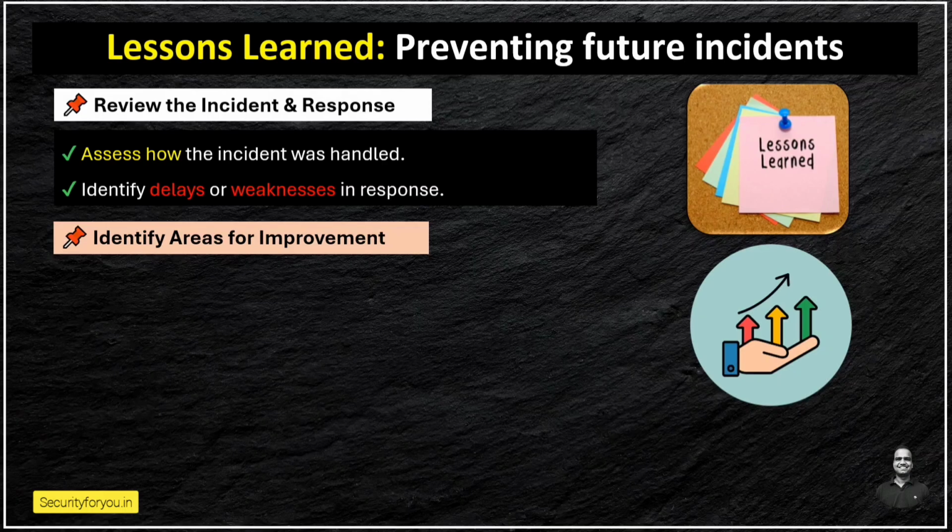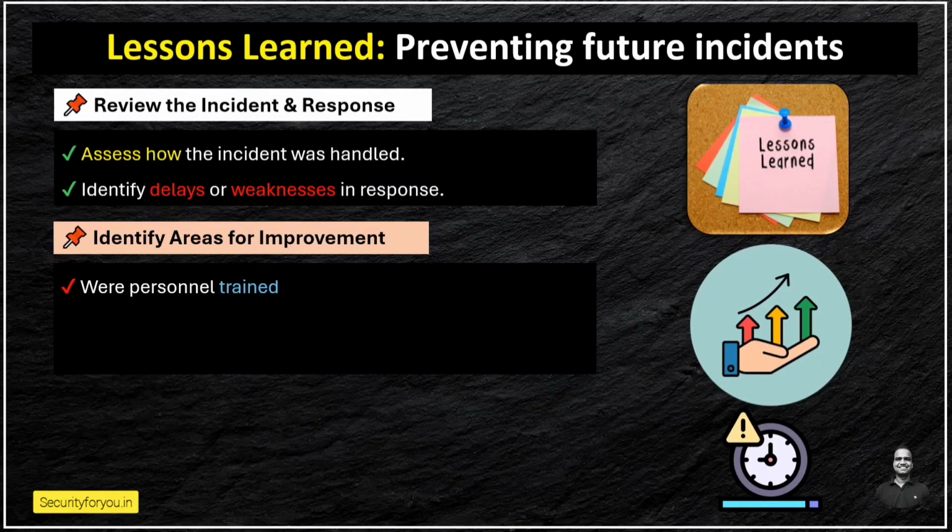For example, if the response team took a long time to contain the incident, the team tries to determine why it took time. It might be that personnel don't have adequate training and didn't have the knowledge and expertise to respond effectively, right? They may not have recognized the incident when they received the first notification, allowing an attack to continue longer than necessary.